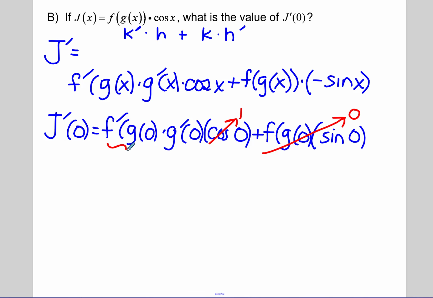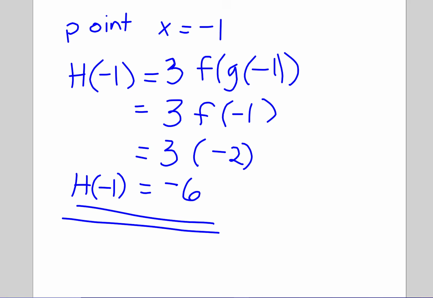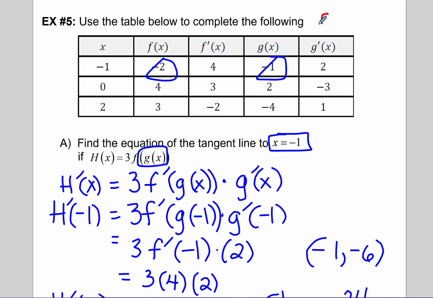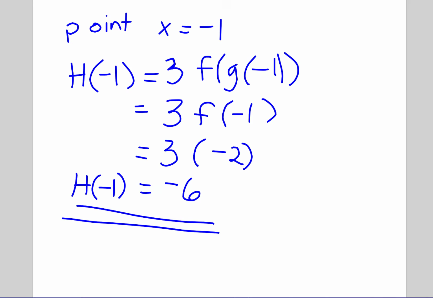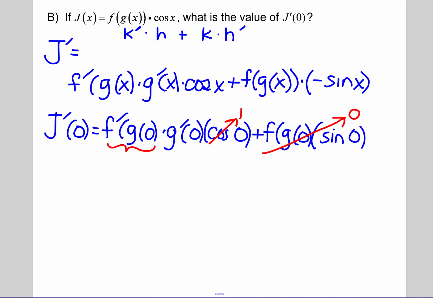We're going to do this piece first, the f prime of the g of 0. So the g of 0 is 2. The f prime of 2 is -2. So let's go back and put that in there. And then we need the g prime of 0.